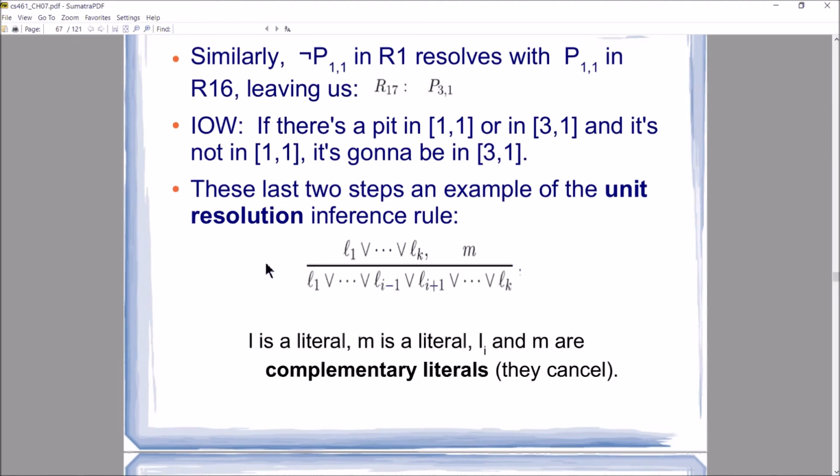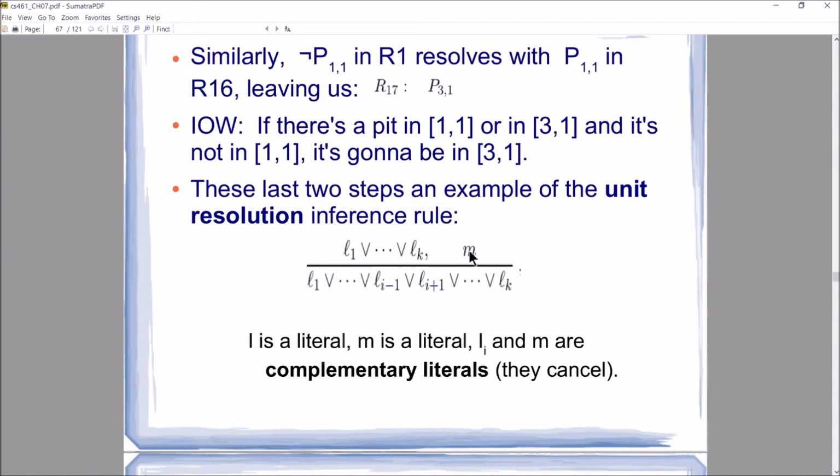Here's a summation of what that rule is, right? So you take a look at this top line right here, and this just says, look, I got a series of literals that are connected by disjunctions. You got literal 1 or literal 2 or literal 3 or literal 4 or literal 5 ... or literal k, right?